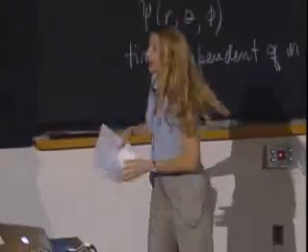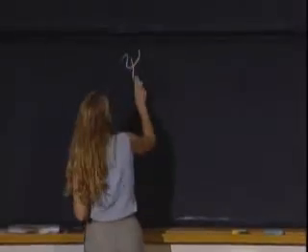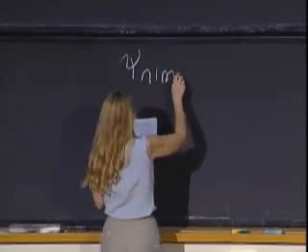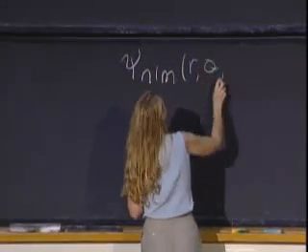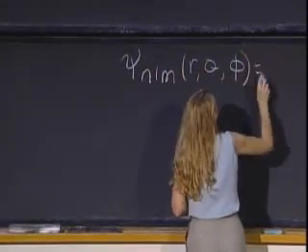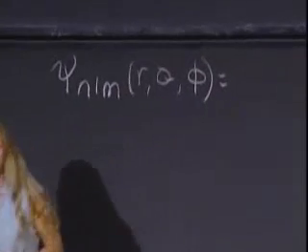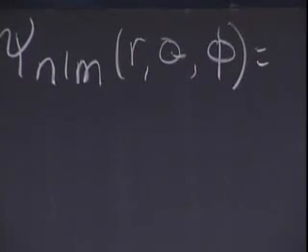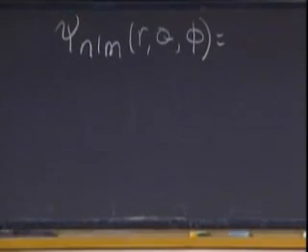Well, for a hydrogen atom, our wave function, given by 3 quantum numbers, n, l, and m, a function of r, theta, and phi, turns out to be factorable into a function that is only in r and a function that is only in the angles.